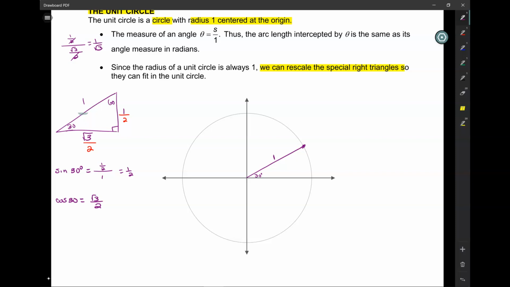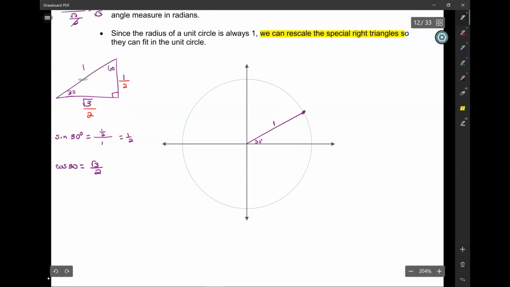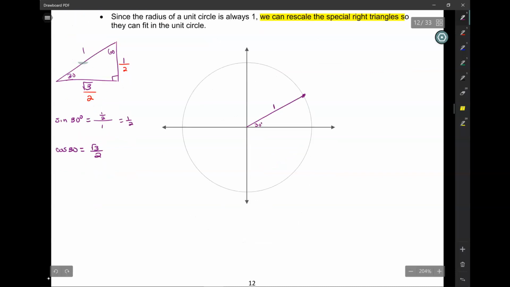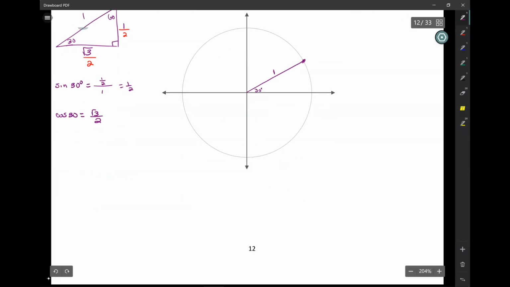Now, on the unit circle, let's take that triangle and bring it to the unit circle. On the unit circle, the angle that we're going to be talking about is always this angle. So now this is a 30-degree angle on the unit circle. Let's fit the rest of the triangle here.